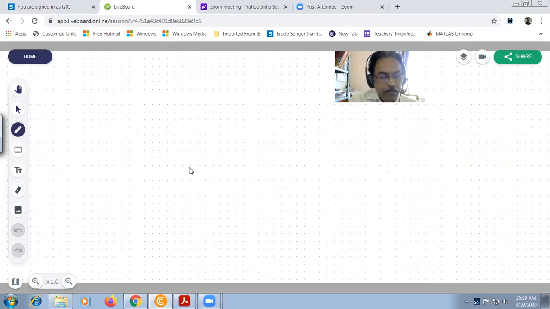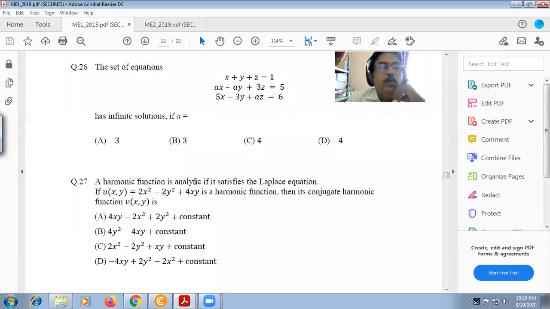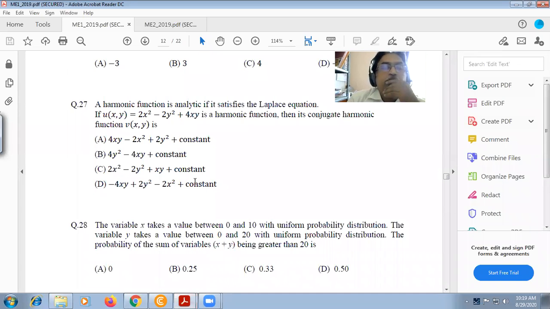So what is the problem? Next problem. A harmonic function is analytic if it satisfies Laplace equation. This question itself is somewhat ambiguous.